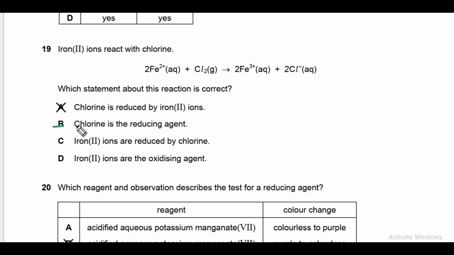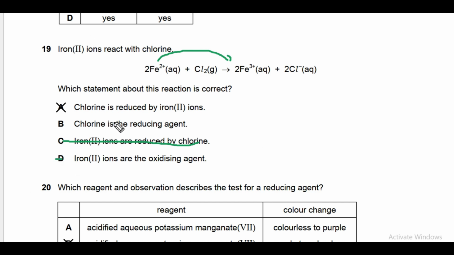Why is B wrong? Chlorine is a reducing agent. No, chlorine is an oxidizing agent, because chlorine oxidizes iron(II) to iron(III). This is wrong. Iron(II) ions are reduced by chlorine. No, this is wrong. Iron(II) ion is oxidized, not reduced. Wrong.